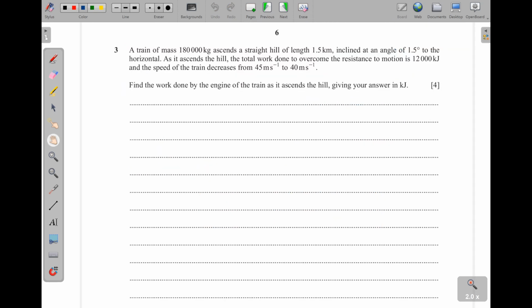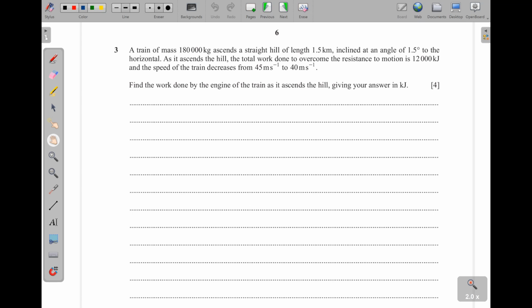A train of mass 180,000 kilograms ascends a straight hill of length 1.5 kilometers, inclined at an angle of 1.5 degrees to the horizontal. As it ascends the hill, the total work done to overcome the resistance to motion is 12,000 kilojoules, and the speed of the train decreases from 45 meters per second to 40 meters per second.